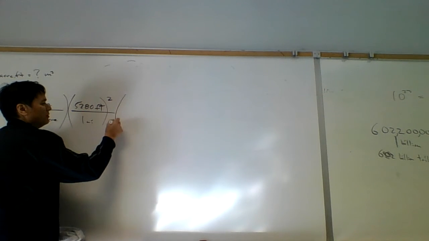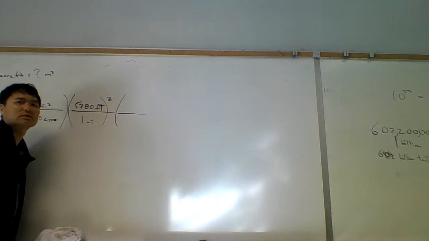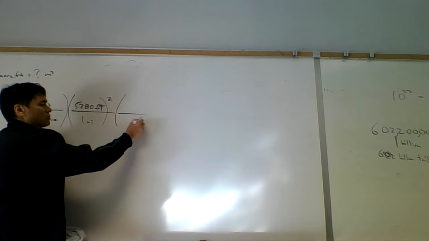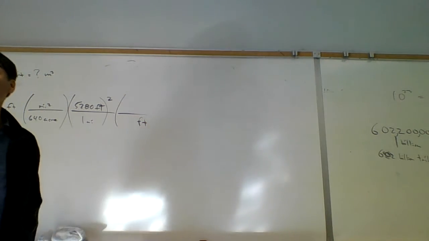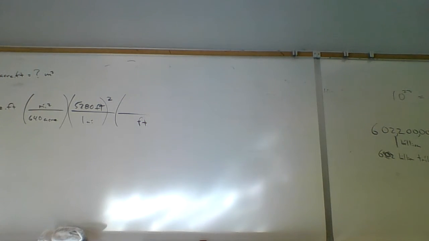I don't know square feet, but I know feet, though. Can I go from feet to yards? Is that the right path, or am I starting to veer off? I could go from feet to inches. Is that the right path, or am I veering off?